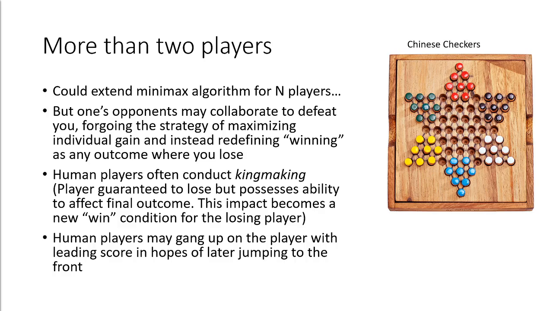But a problem with this approach is that in some games, players may work together. They may collude and work against your agent that you're writing the code for. This is a common problem for board games, especially with more than two players.